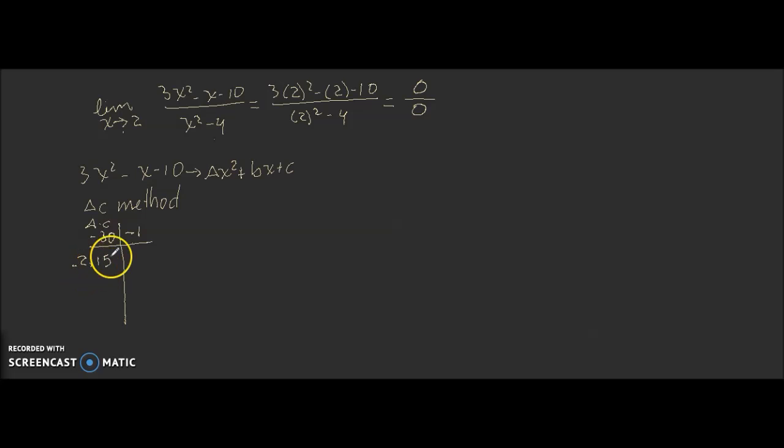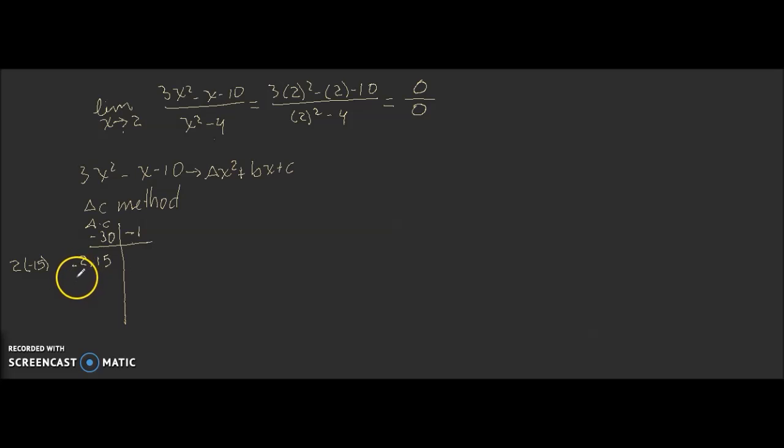Now, if I add those two together, I get positive 13. So this is not minus 1. Even if I take positive 2 and negative 15, that gives me minus 30, but if I add them together, it doesn't give me negative 1. So we have to find another set of factors.